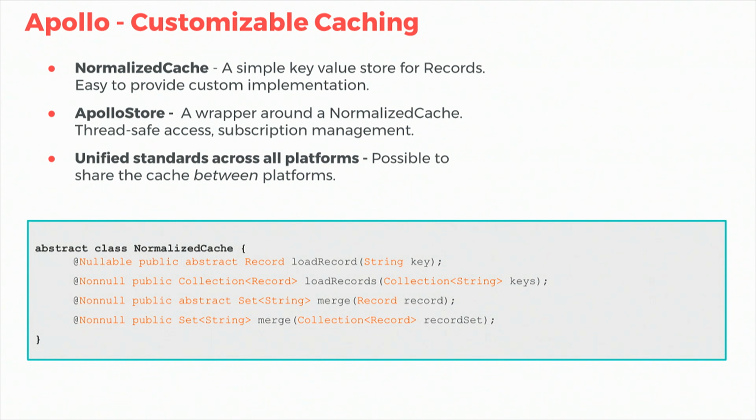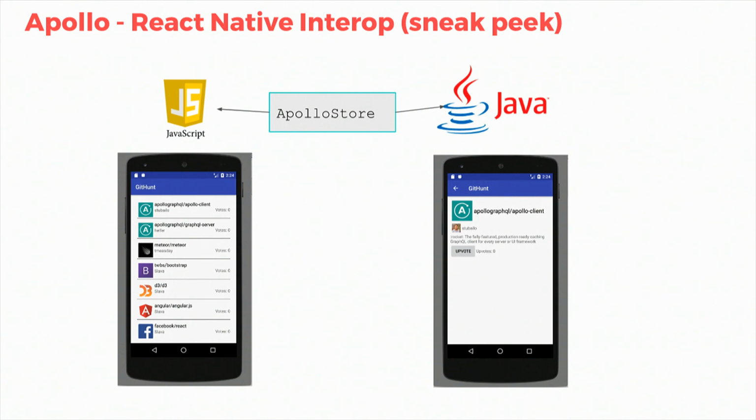And as Jonas also mentioned, one great thing is that this architecture pattern is either very similar or will be very similar across all platforms. This is the really cool thing I'm excited about: let's say this example app that we're building had an additional requirement that the feed page was going to be built in React Native with JavaScript, and the detail page was going to be built in Java.